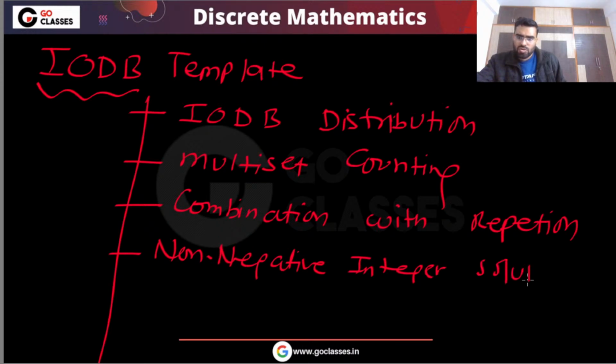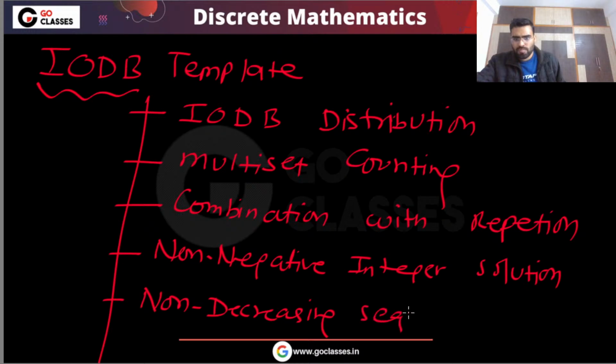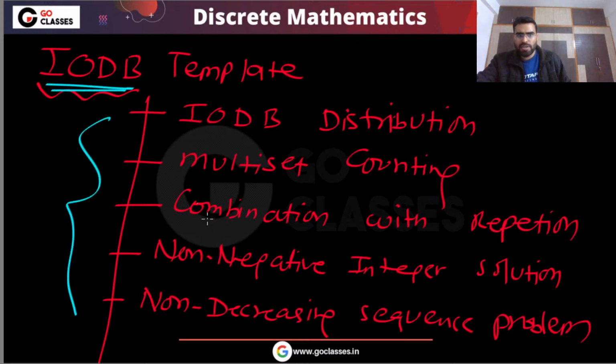And another is this previous problem, the non-decreasing or non-increasing sequence problem. So these five problems, remember, they follow the IODB template.